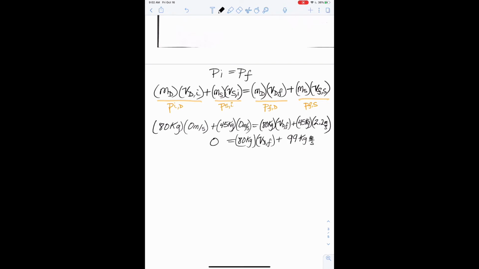Now we'll just subtract one of these to the other side. So we get 99 kg meters per second is equal to 80 times VDF. Divide both sides by 80.